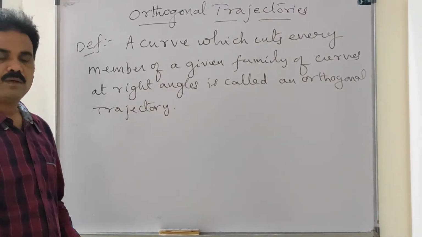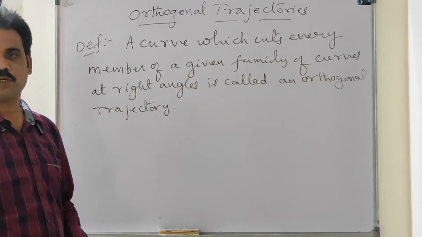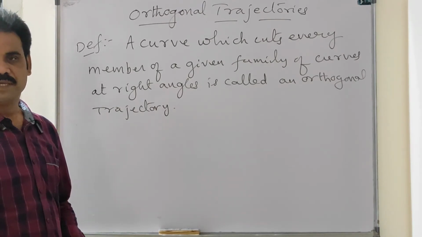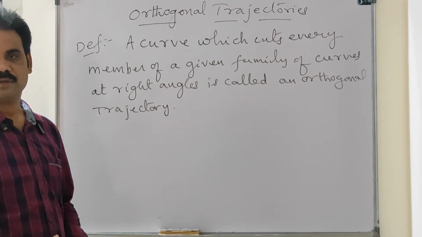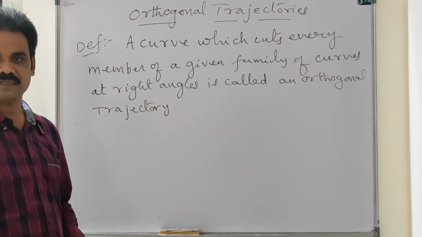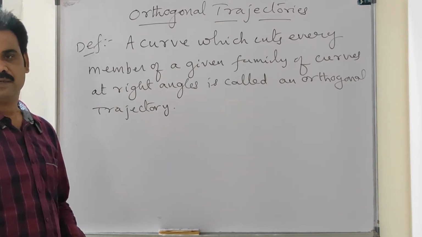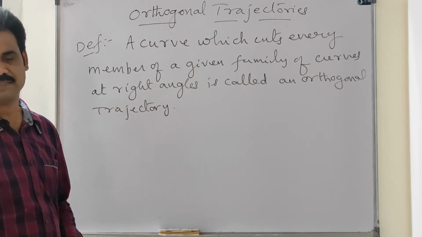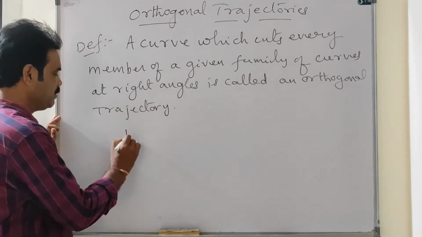Now, two families of curves are said to be orthogonal if every member of either family of curves intersects every member of the other family of curves at right angles.